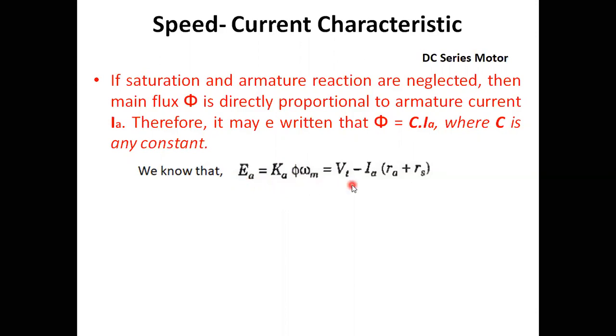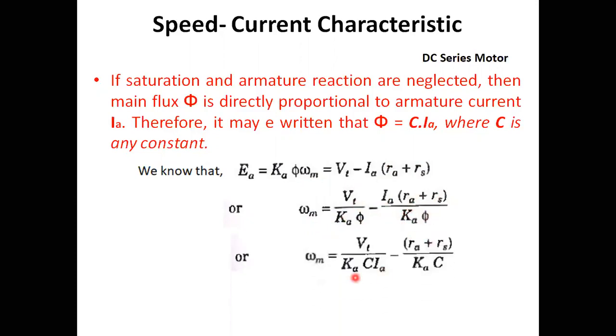Now Ea is also given by Vt minus Ia into (Ra plus Rs) from the voltage equation. So from this equation we can write that omega m, the speed of the motor, is equal to Vt by Ka phi minus Ia into (Ra plus Rs) by Ka phi. So we are getting two terms here.